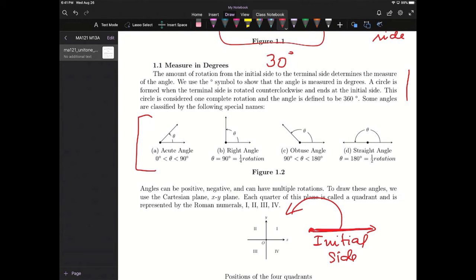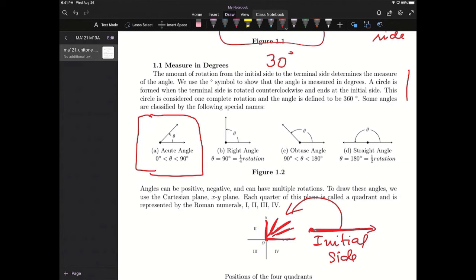Now, if the terminal side is somewhere between 0 and 90 degrees, and 90 degrees for us, we know, is the right angle, so if it's something between 0 and less than 90, somewhere around in the middle here, you're going to have what's called an acute angle. So these are all the angles that are between 0 and 90 degrees.